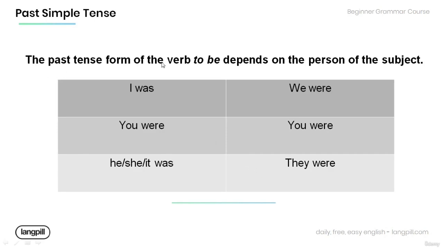Now, the past tense form of the verb be depends on the person of the subject. Have a look at the tables below. I was, we were. You were, you were. He, she, or it was. They were.